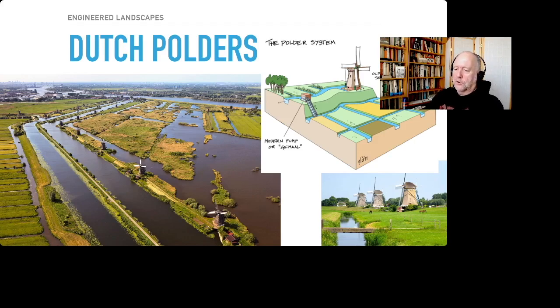And this creates what are called polders, low-lying tracts of land that form an artificial hydrological entity. That is to say, they are similar to canals, but the land itself is often used for farming.